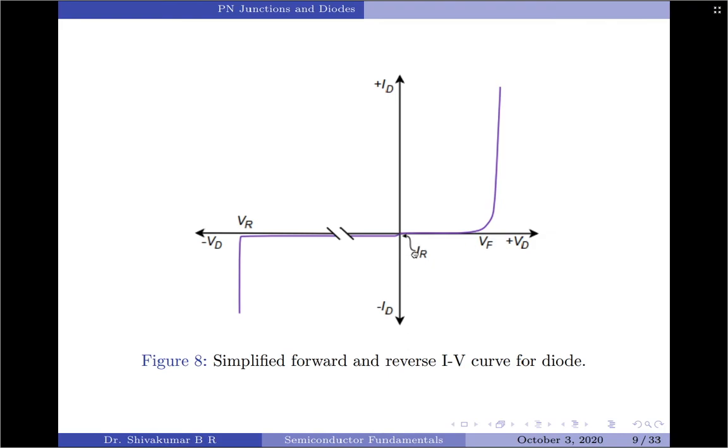IR is the reverse saturation current, which is ideally 0, but in reality, a very small current will flow through the device. Lastly, VR is the reverse breakdown voltage. Note that the current increases rapidly once this reverse voltage is reached. In general, diodes should not be operated in the breakdown region, except for Zener diodes.